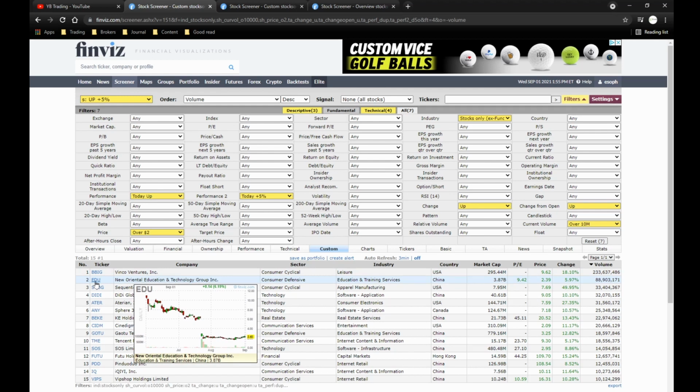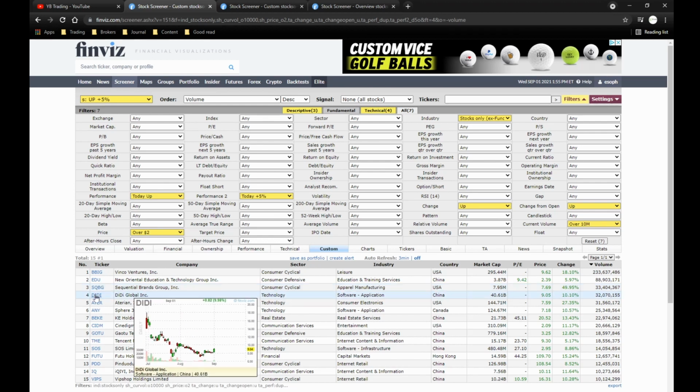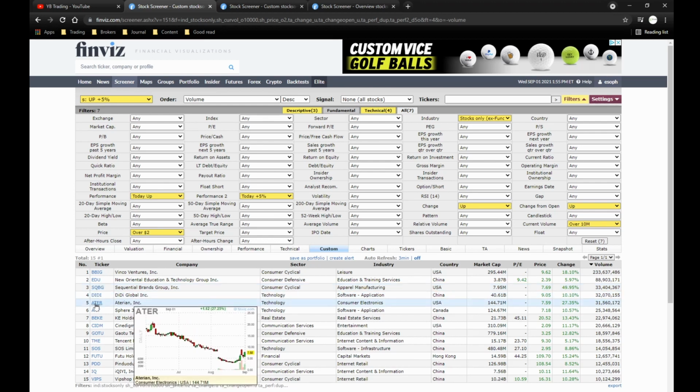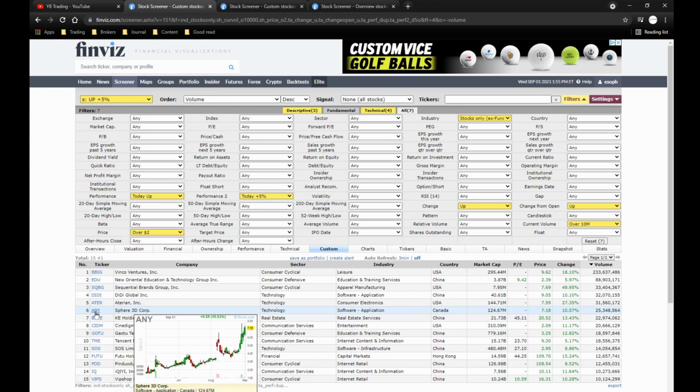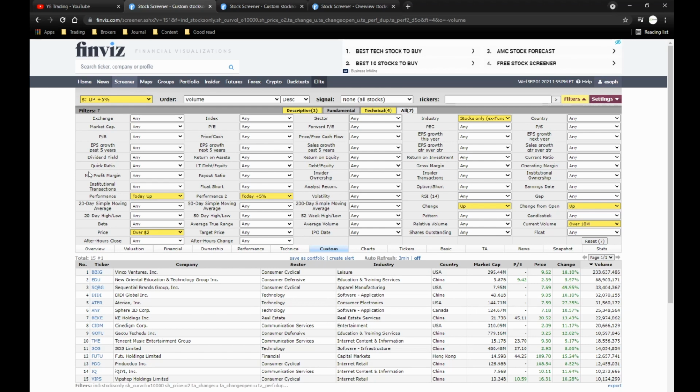As you can see, this one last day moved from 5 to 8, almost 9, and quite a lot of stocks look good. So this will be my first scanner that I will use to find my watch list. Okay, let's move on to the next one.